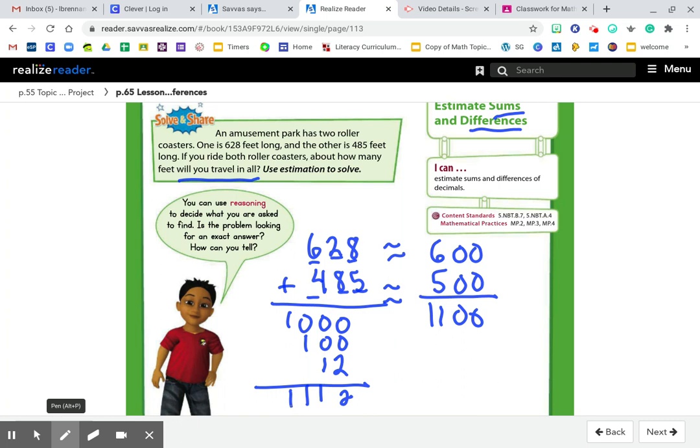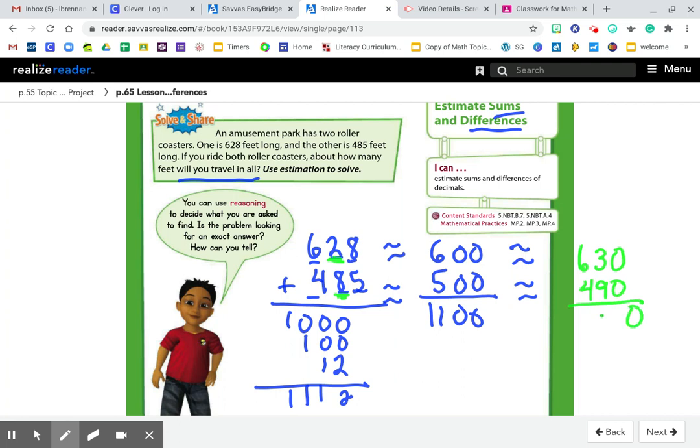I can also use compensation and, instead of rounding to the largest place value, I can scoot it down and round to the tens. So 628 rounds to 630, and 485 rounds to 490.